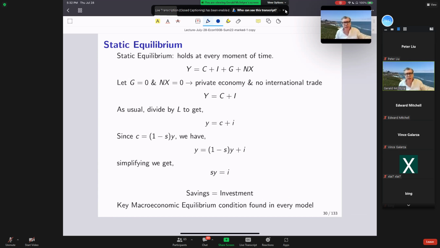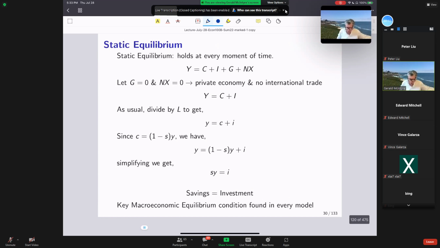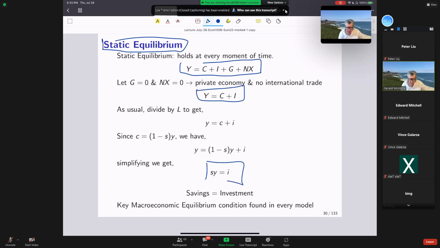And everywhere along that graph, savings will be equal to investment. That is the static equilibrium, that savings is equal to investment. So just going back, the static equilibrium starts like this. We simplified it a bit, but it ends up like this.